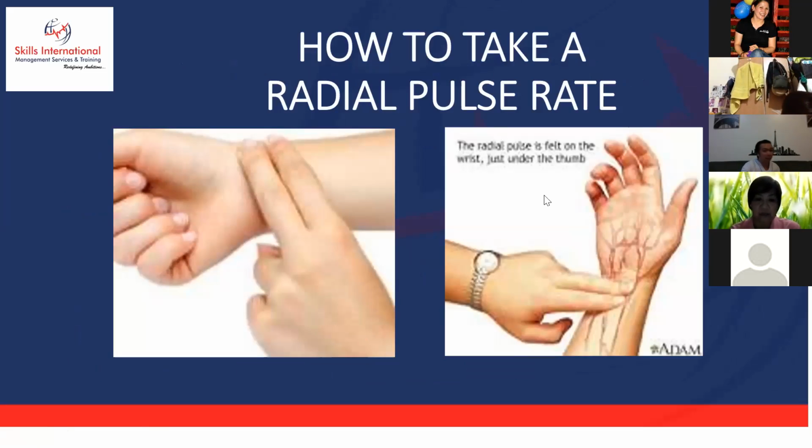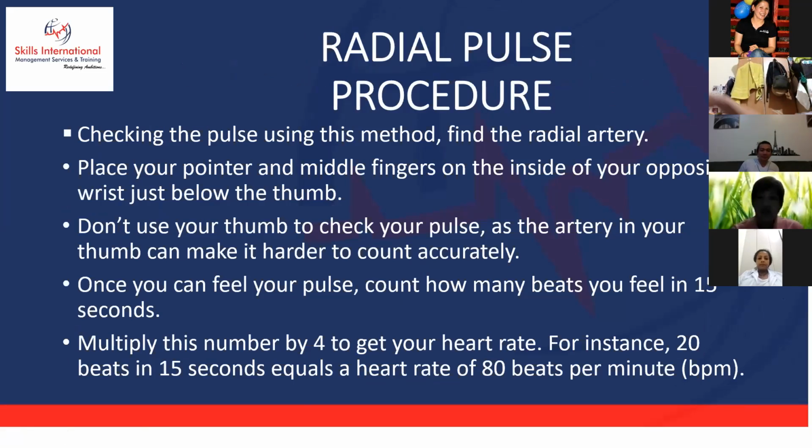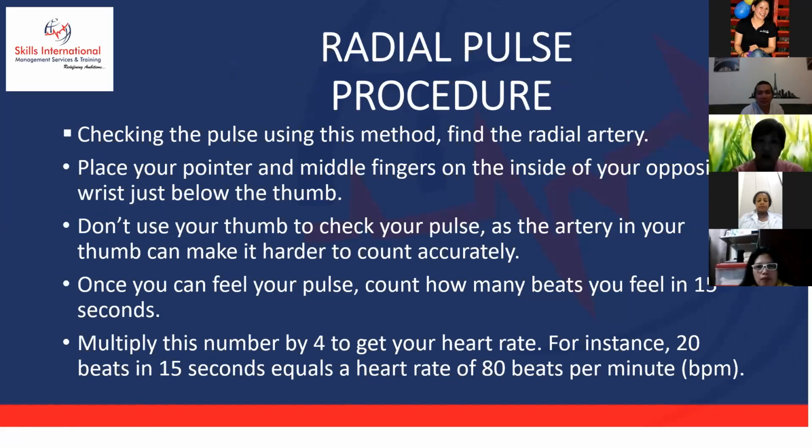As I mentioned before, this is the proper way of placing your 2 fingers on the radial pulse. This is the radial pulse. So this is only the repetition of the radial pulse that we had.